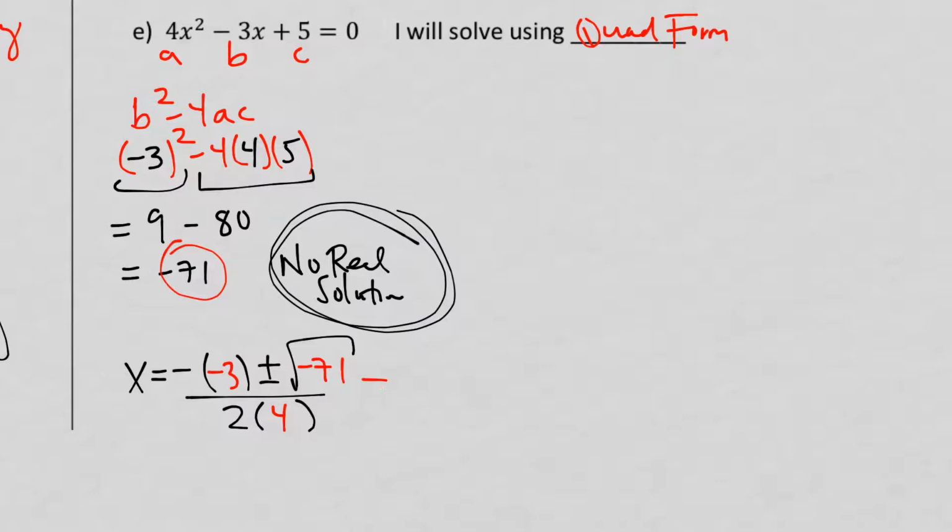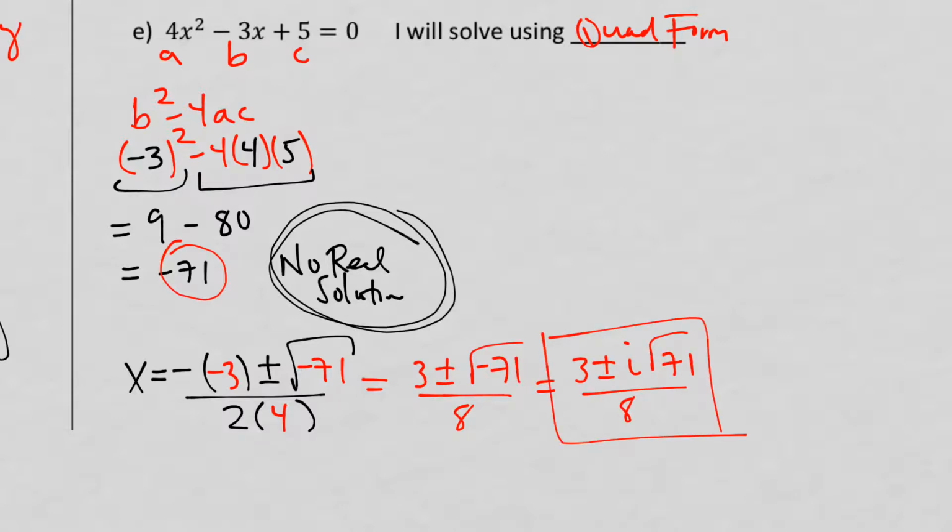I could work this out further and get 3 plus or minus the square root of negative 71 over 8. And then one last step would be 3 plus or minus i square root of 71 over 8. So you could choose to find complex solutions, but again, for the final exam, once you find the discriminant, if it's a negative value, then you can say you have no real solutions.